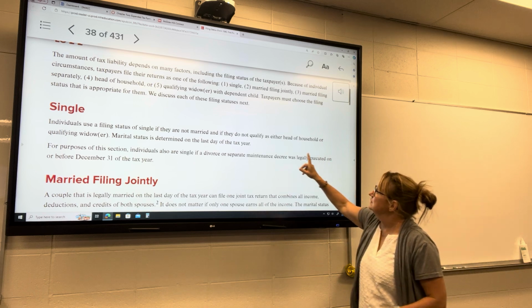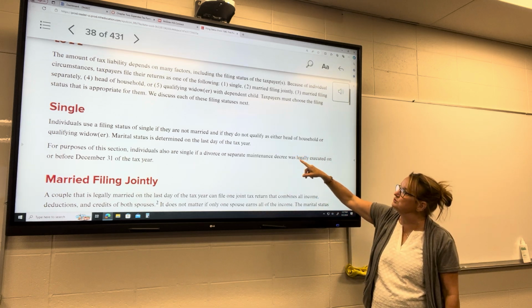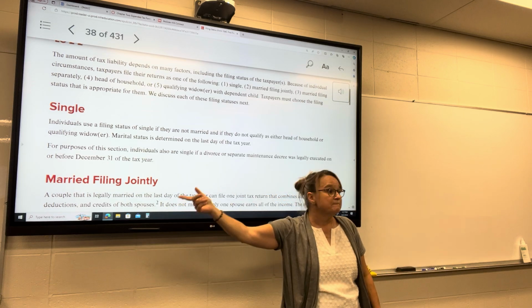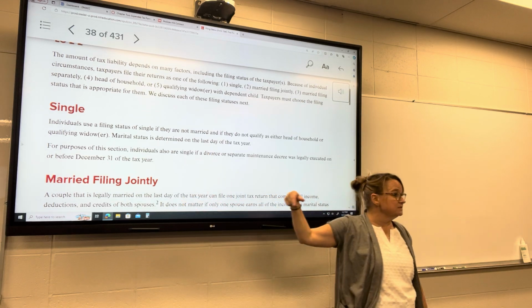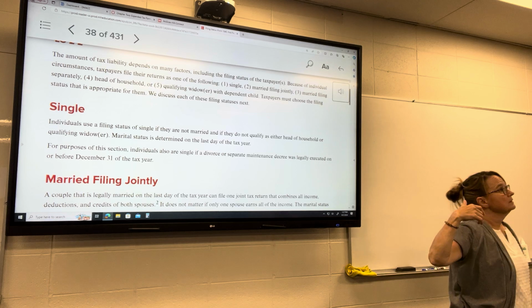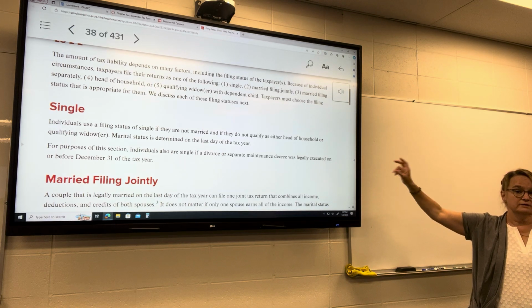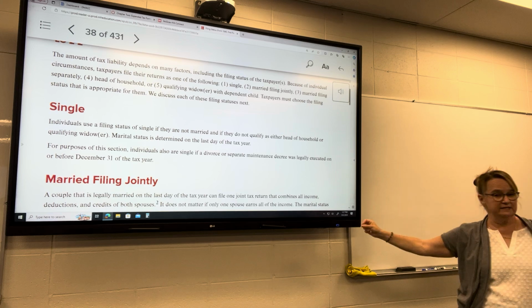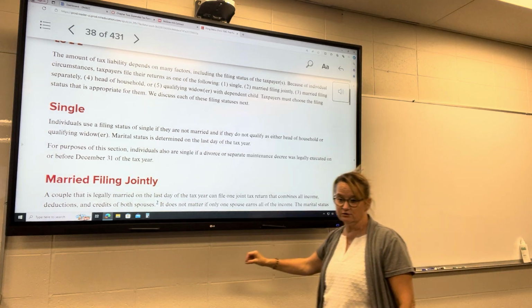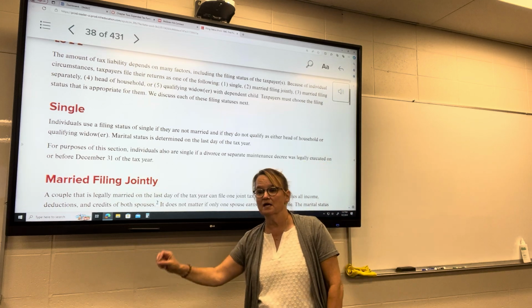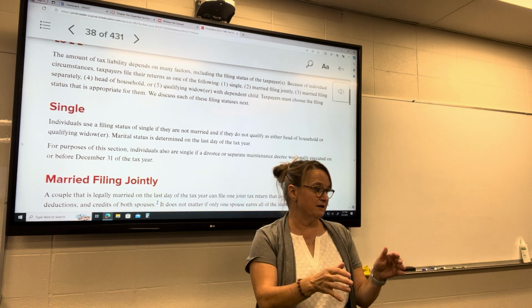So this is for an individual who does not qualify as head of household or qualifying widower. Those 2 filing statuses are more tax beneficial than single filing status. The standard deduction for single filing status is the lowest standard deduction. The tax brackets for single filing status are the least beneficial.